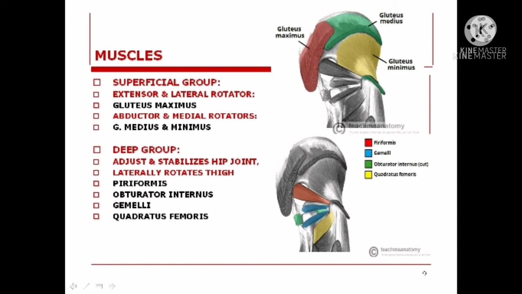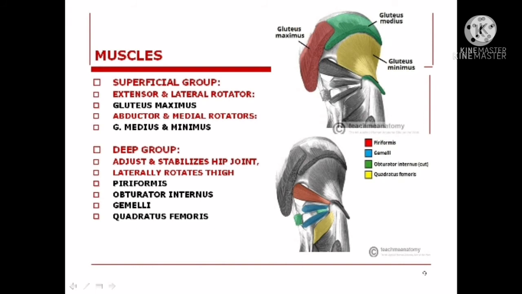It is composed of three muscles called glutei: the gluteus maximus, gluteus medius, and gluteus minimus. The gluteus maximus is the extensor and lateral rotator of the hip joint, and the gluteus medius and gluteus minimus are abductors and medial rotators.